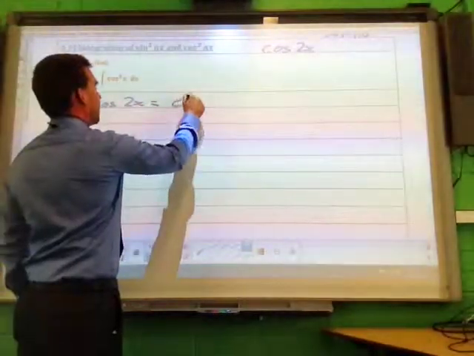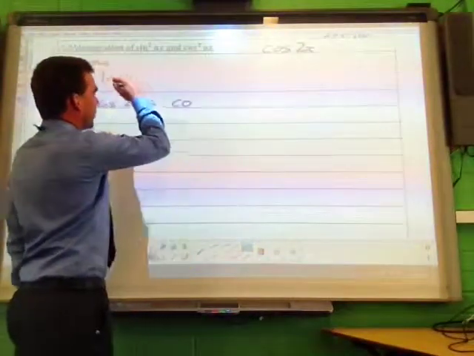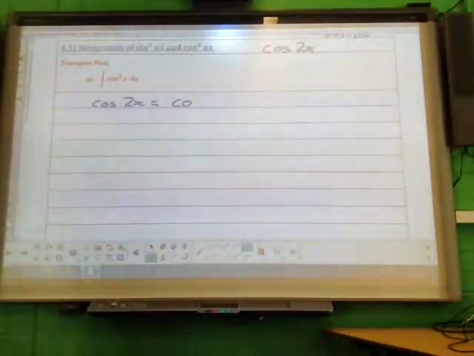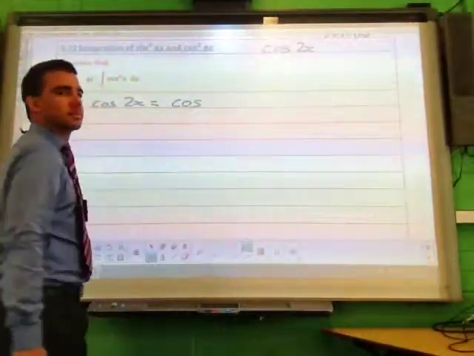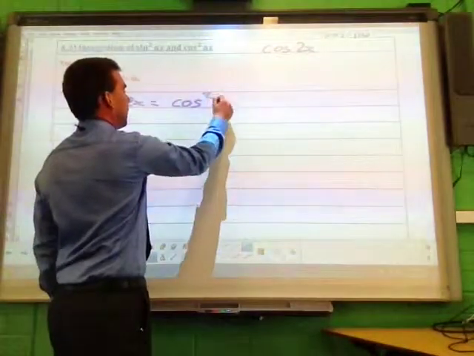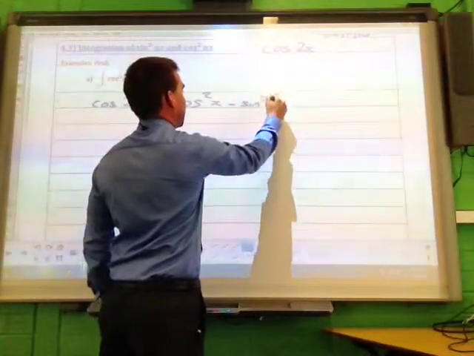Cos x cos y take away sin x sin y, that's cos, but not the double angle there. Oh, double angle. Yeah. Cos squared x, take away sine squared.